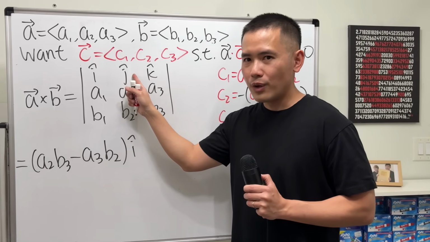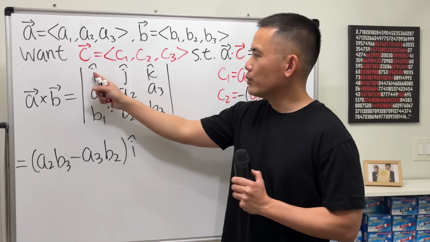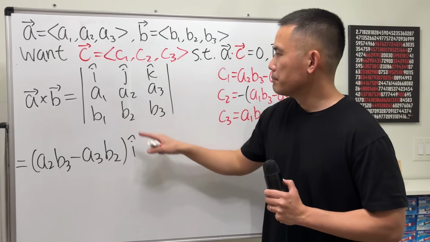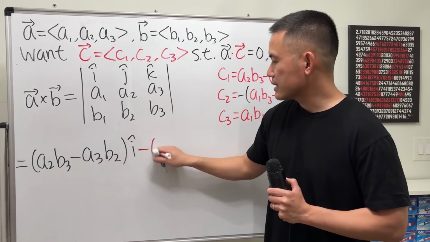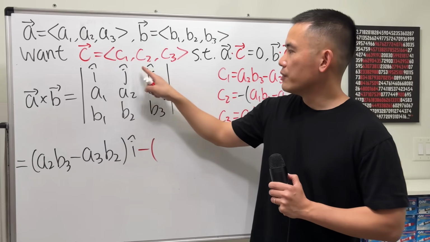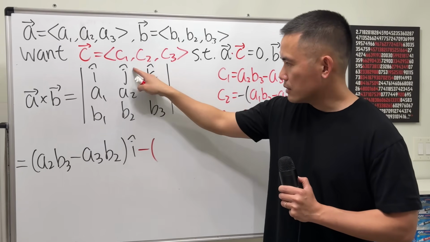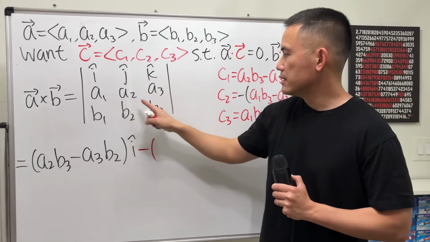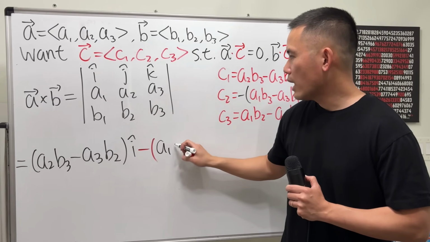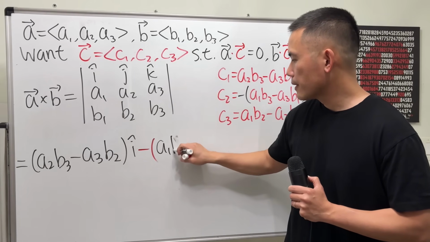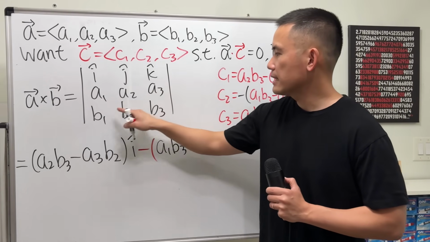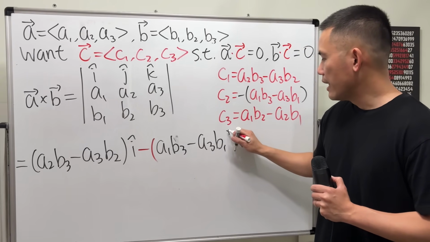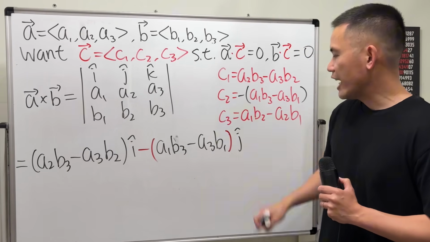But for the next one right here, you have to remember when you do the cofactor expansion, the sign alternates. So it's not plus, but instead we are going to subtract. And then you get rid of this row and this column, and then you do this times that, which is A1 B3, and then minus this times that, so minus A3 B1, and that is with the j.